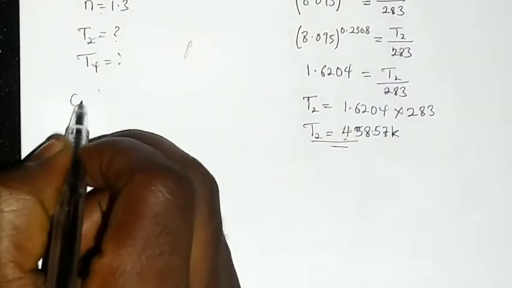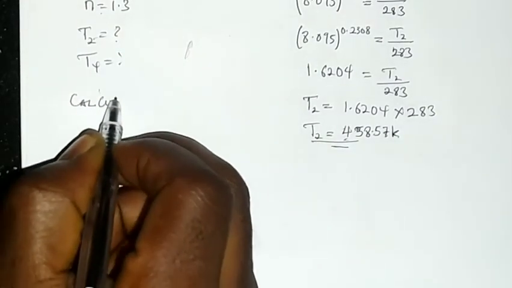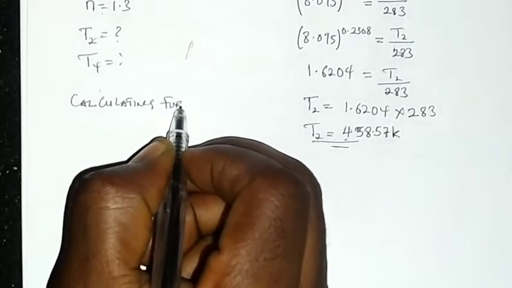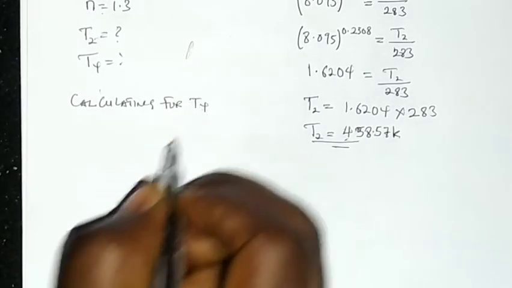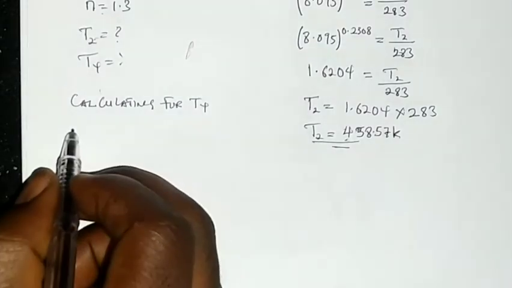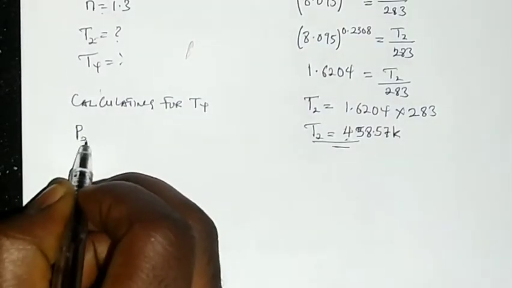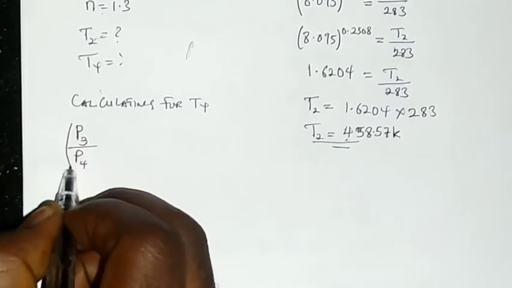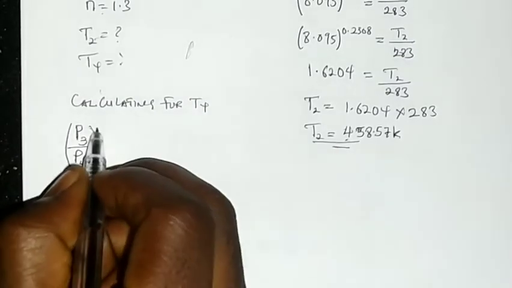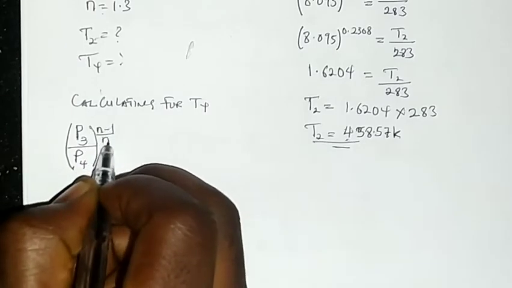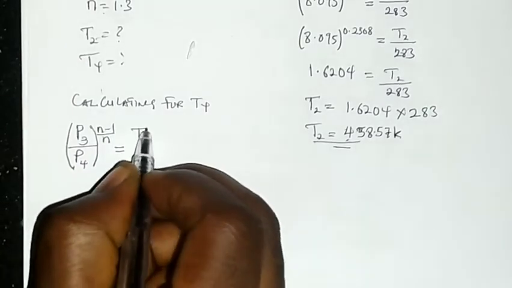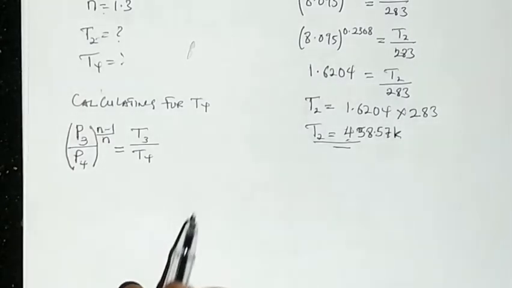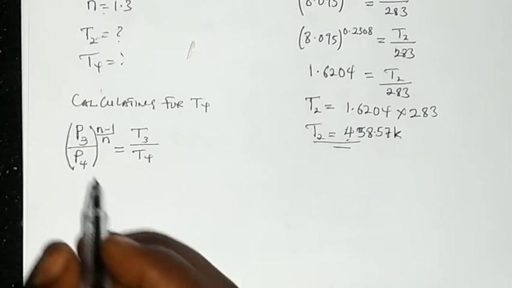We use the same relationship: high pressure side P3 over low pressure side P4, raised to the power of (n minus 1) over n, equals T3 over T4. I'm looking for T4.